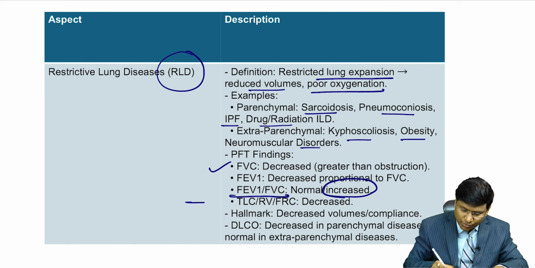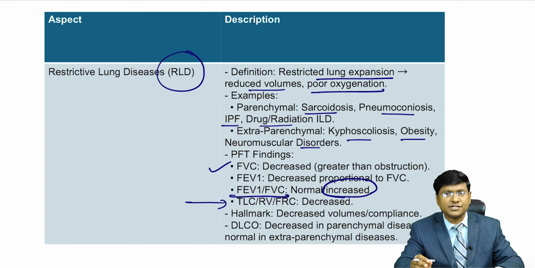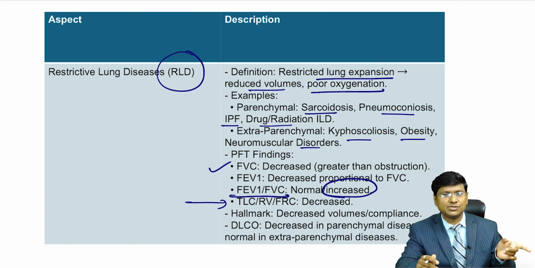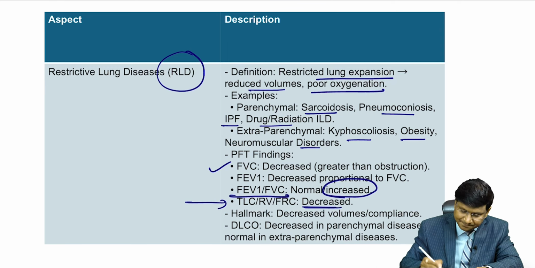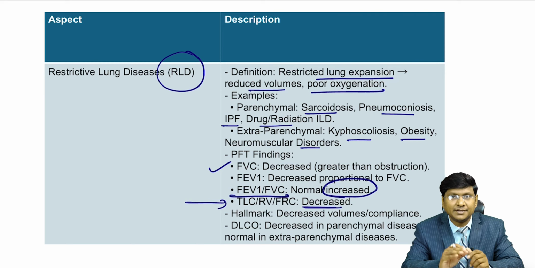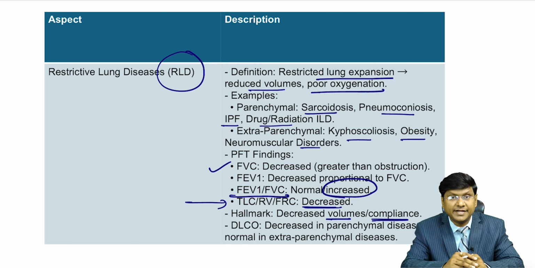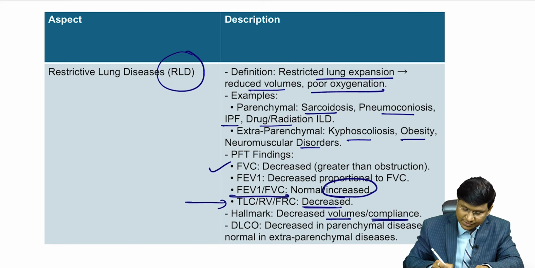Then what will happen to the total lung capacity, residual volume, and functional residual capacity? In case of OLD, we have discussed that they are increased, but here they are decreased. And what is the hallmark here? The hallmark is decreased volumes or compliance.